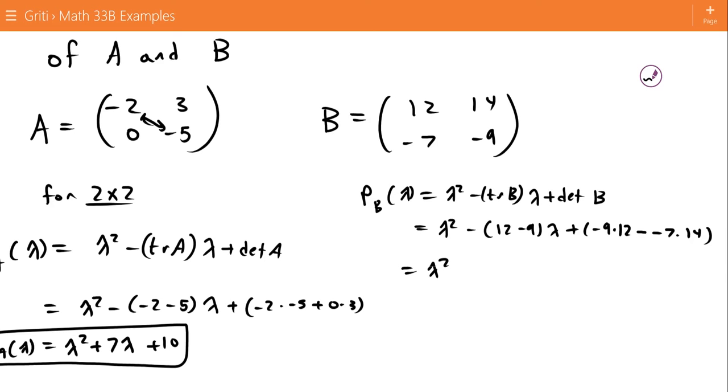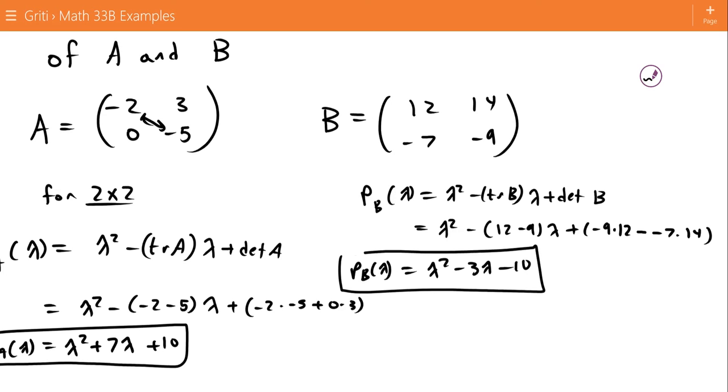It's going to be lambda squared minus 3 lambda minus 10. So that's the characteristic polynomial of B.